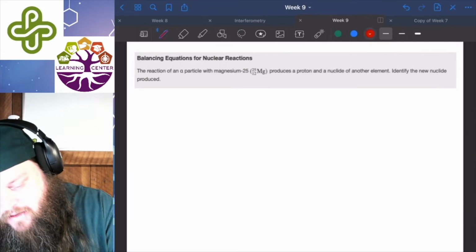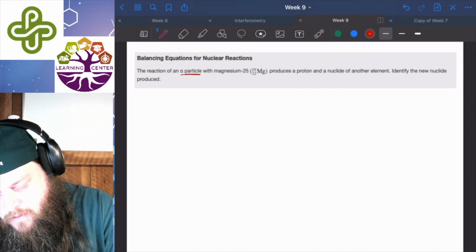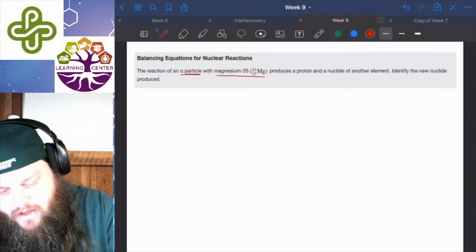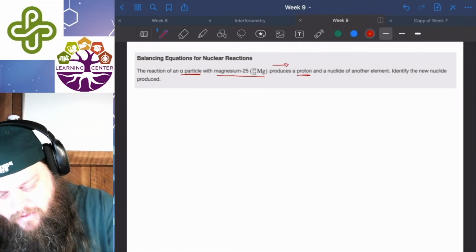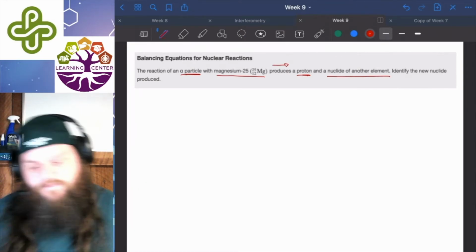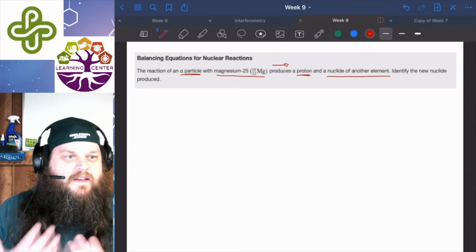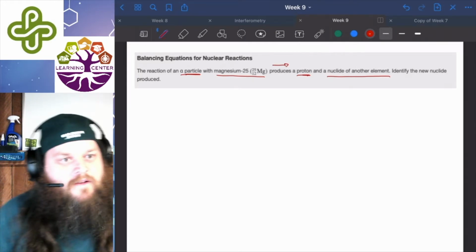I'm going to underline some of the key elements. It's a reaction of an alpha particle with magnesium. And it produces a proton. I'm going to write a little arrow over produces. And a nuclide of another element. So I can write this out with an unknown, putting in the values I do know and listing the values I don't.